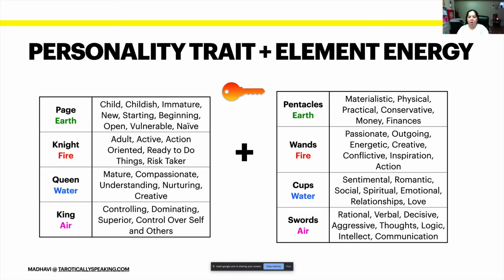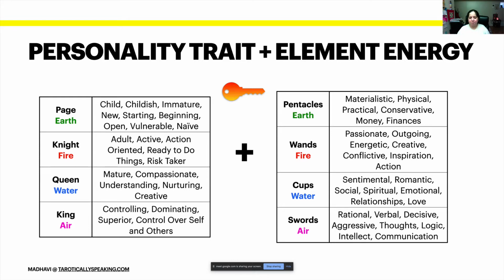Let's take the King of Pentacles. Why not? I like this guy. The king is usually very controlling, dominating. He's superior. He has control over himself and others. And pentacles are very physical, materialistic, practical, conservative, and they're all about money and finances.